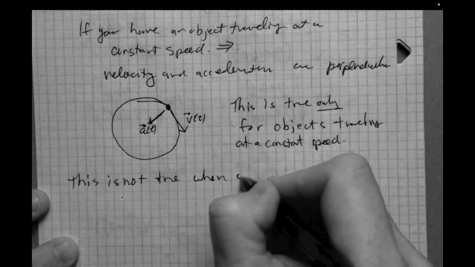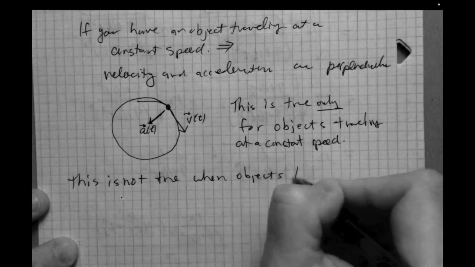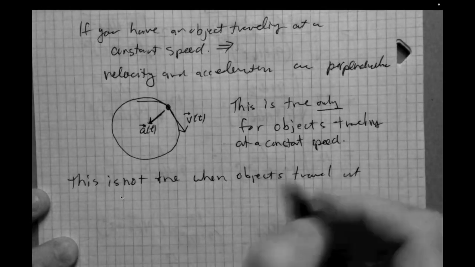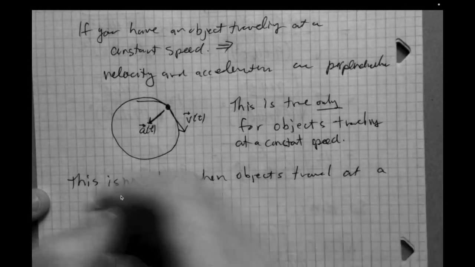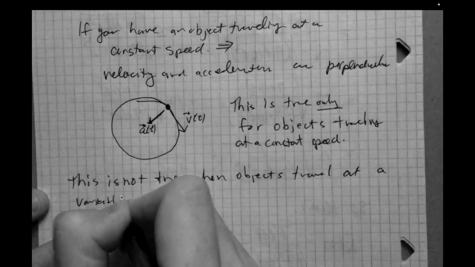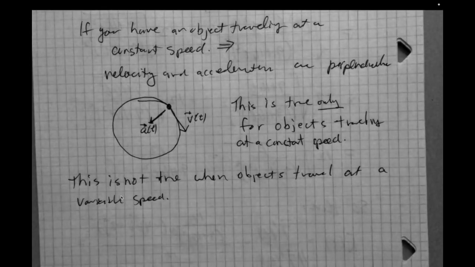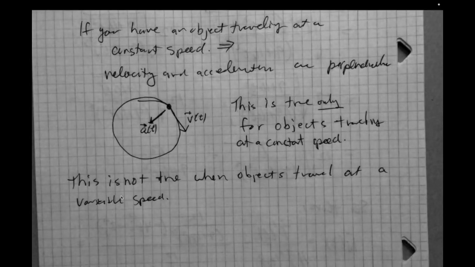I.e. the object is speeding up and slowing down and speeding up and slowing down. In general, part of the acceleration is going to act in the line of motion, and part of the acceleration is going to act perpendicular to the line of motion.